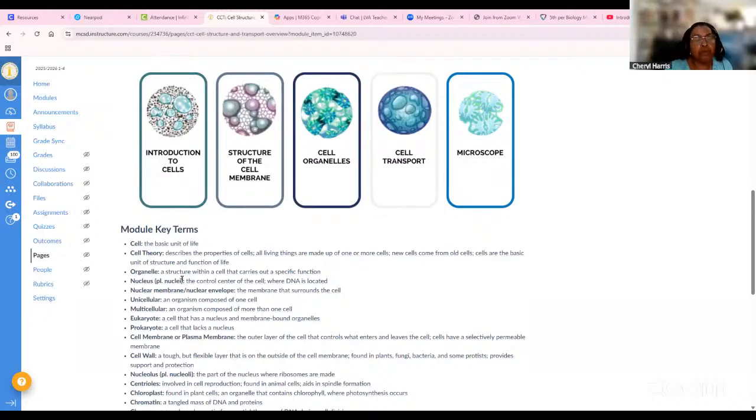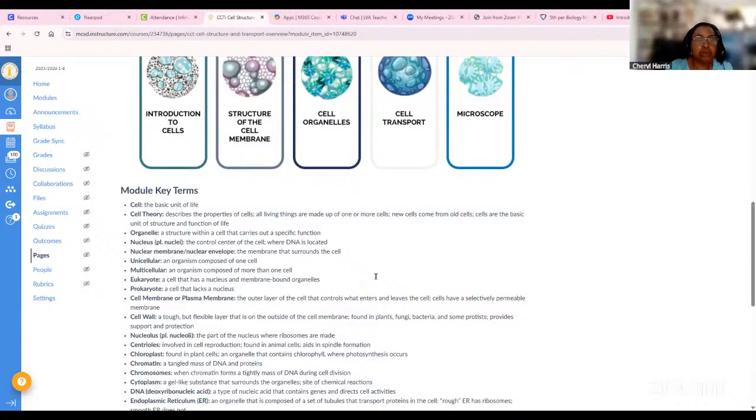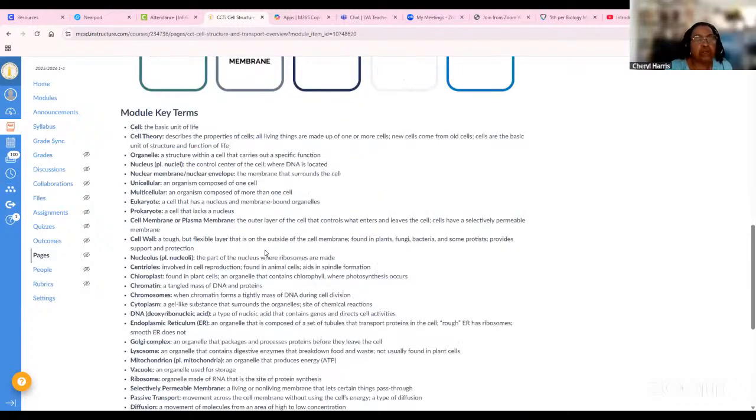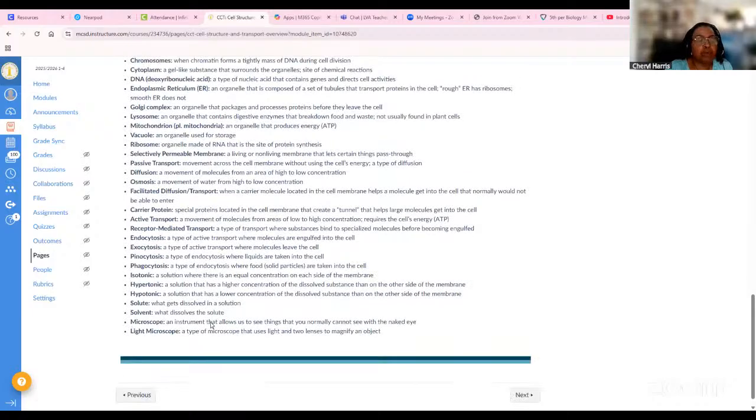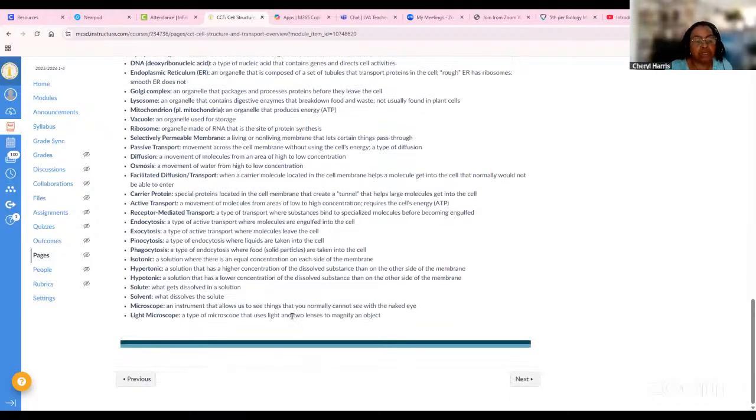Mostly our discussion in this unit is going to be about the organelles. So we're going to go inside the cell and look at all the parts of the cell and what they do. We're going to do a little something with the microscope so that we can look at microscopic things, because the cell is so small, it's invisible to the naked eye. So we need help.